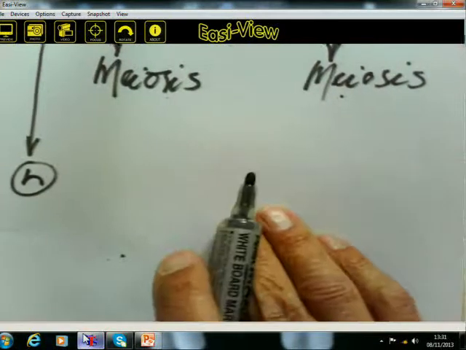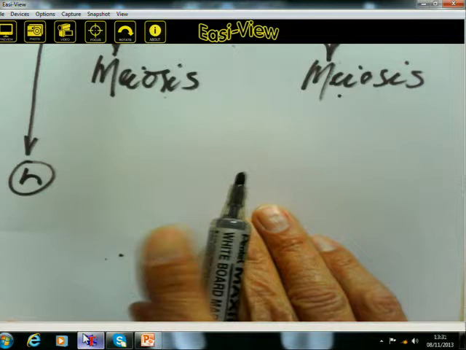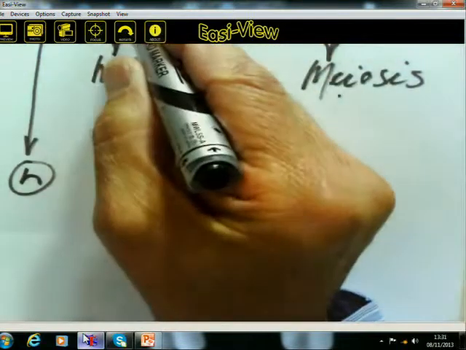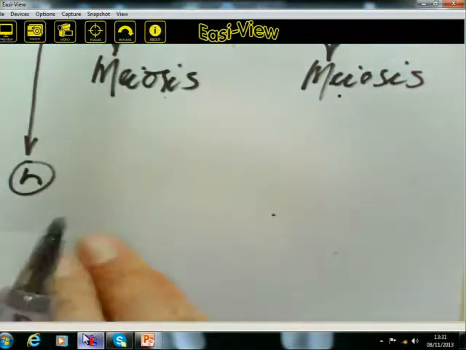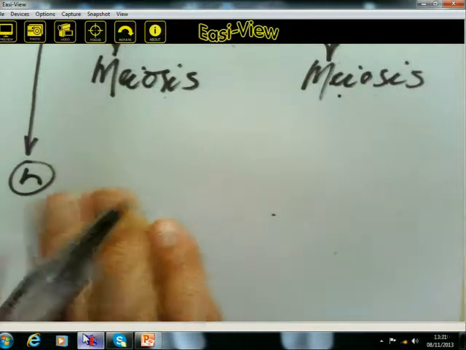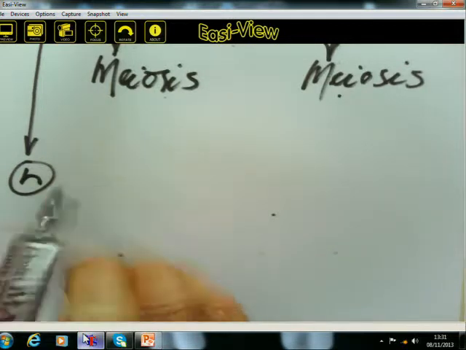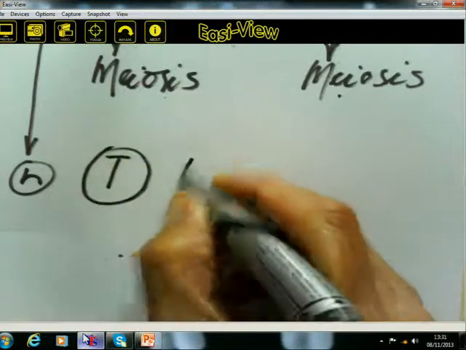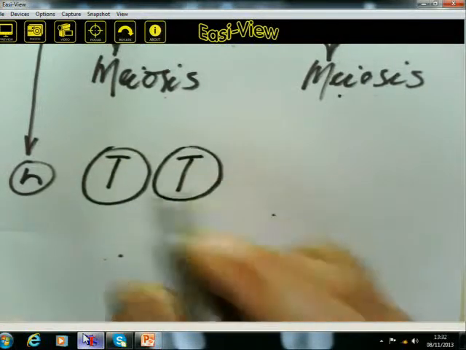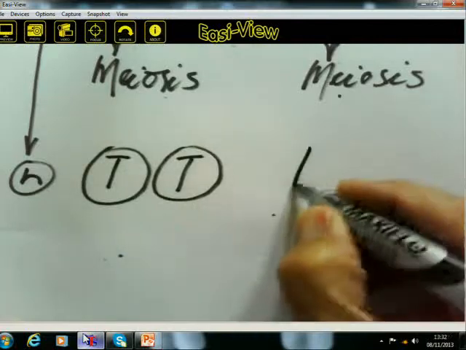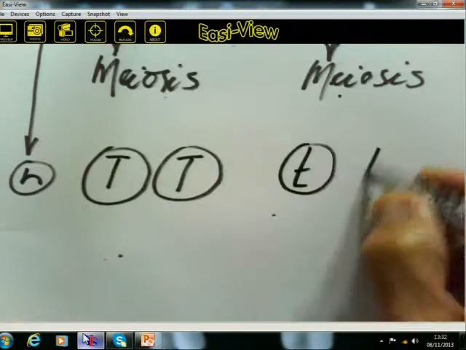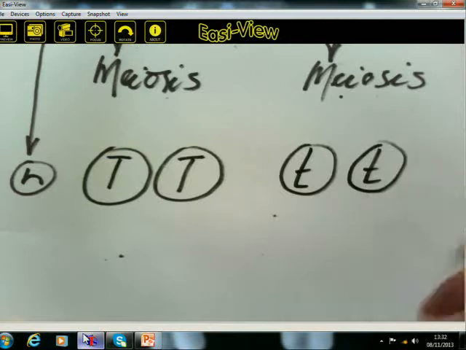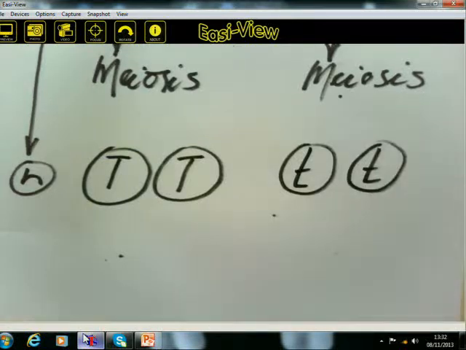Consequently, during the process of meiosis, those two T's, because they are found on two different chromosomes, will segregate. They will be found in different gametes. And the same with the genes, the chromosomes, as far as the dwarfish plant is concerned.